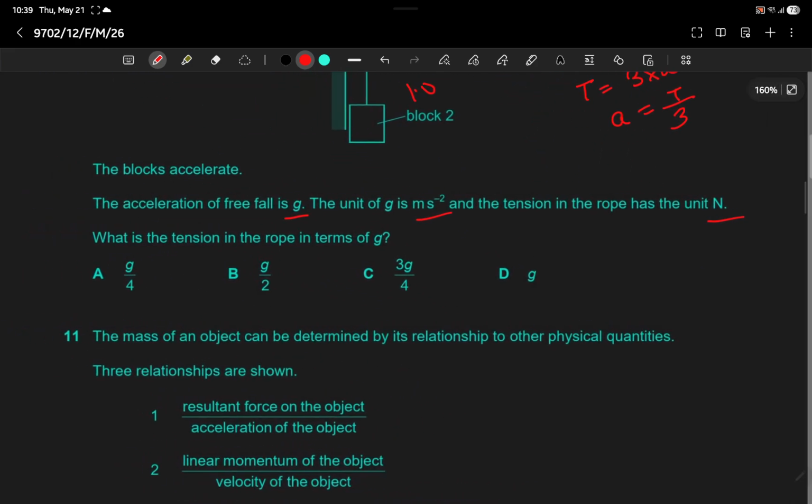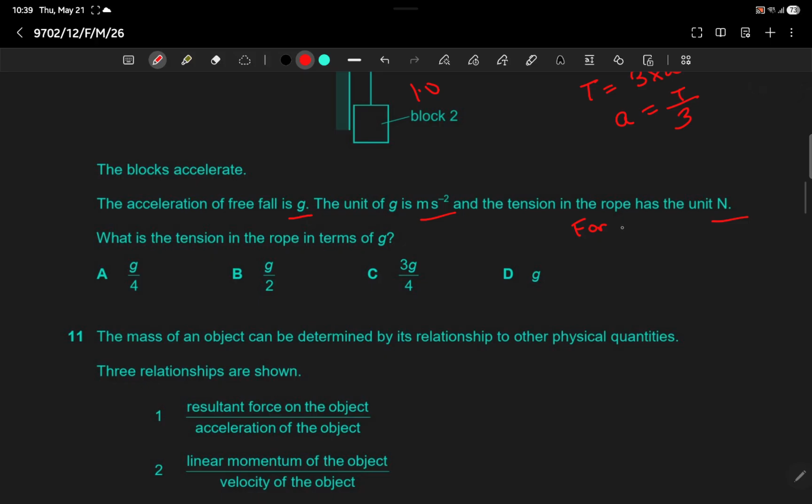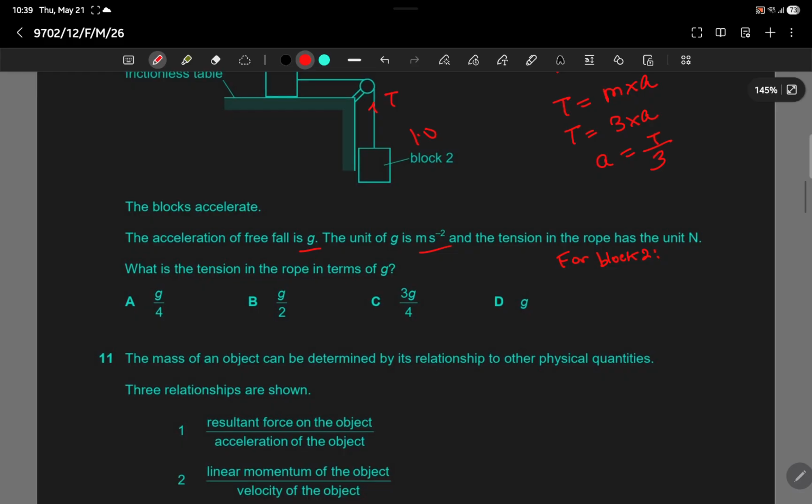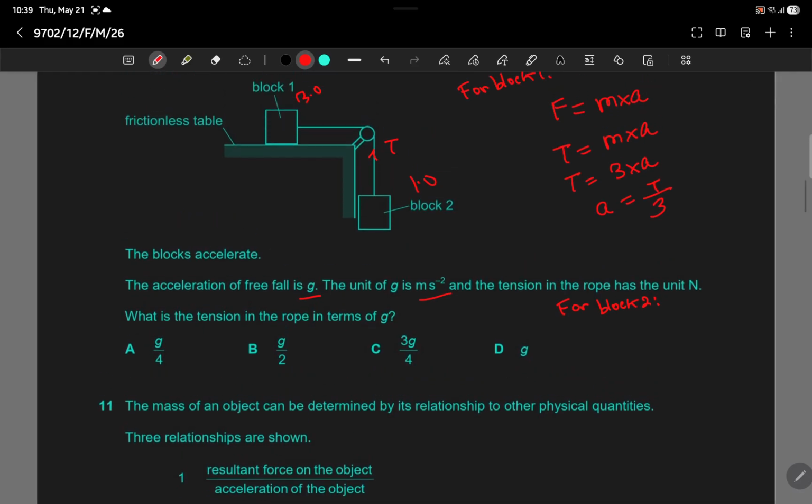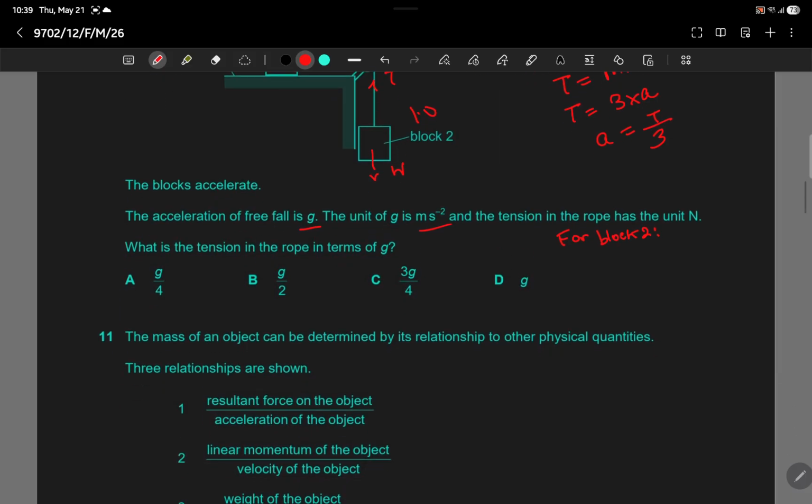For block 2, tension is the same, T, but over here there's another force acting, which is its weight. So the resultant force is the weight, which is 1 into 9.81 minus T, equals the mass into acceleration.